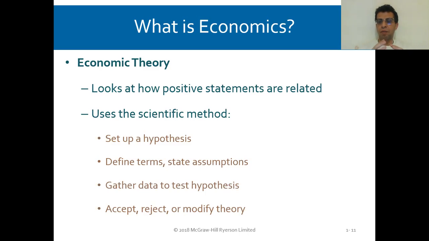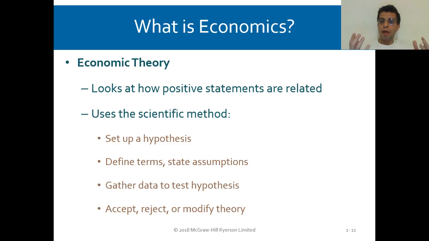First you set up the hypothesis: X will result in Y. This is a hypothesis. Then you define the terms and state the assumptions: X will result in Y if other things are not changing, or if other things are stable, just to keep it simple.